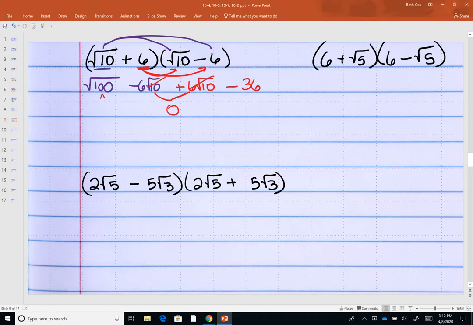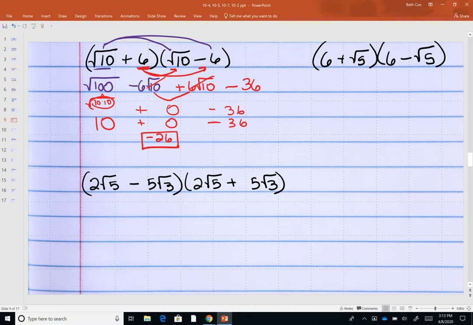Notice this is going to break into 10 times 10, and I don't have to break it into 2 and 5 because the 10s get out. Bam, it's out. So I have 10 plus 0 minus 36. I have 10 minus 36, which is negative 26. That is my answer. You're like, whoa, what happened to the radicals? Exactly. That's the magic that's happening here. The radicals went away.